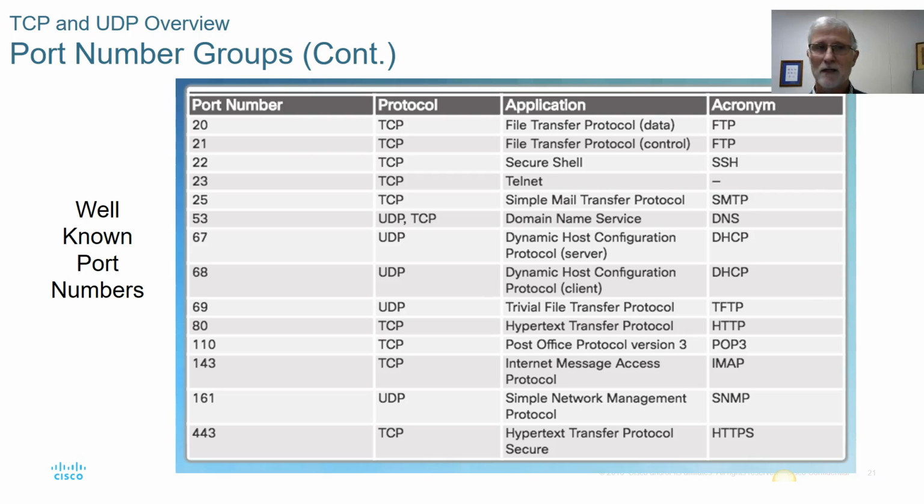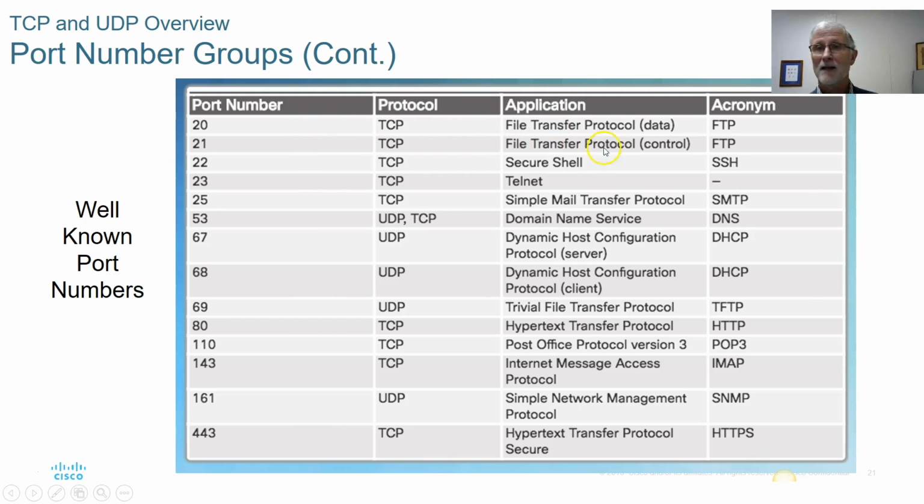So you're going to make sure you can keep this table handy, because you're going to see it on the test or in the homework assignments. You're going to have to know the port number, the protocol, what application, and then what the acronym is. Now, there's a couple of interesting ones here. FTP has two well-known port numbers.